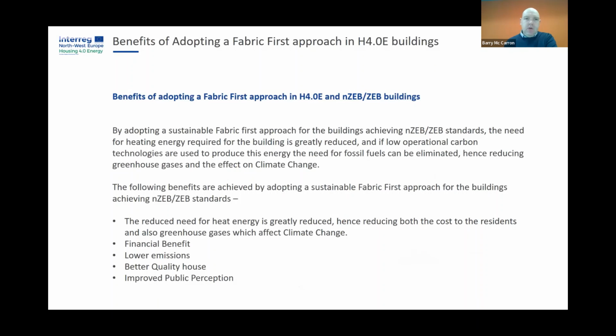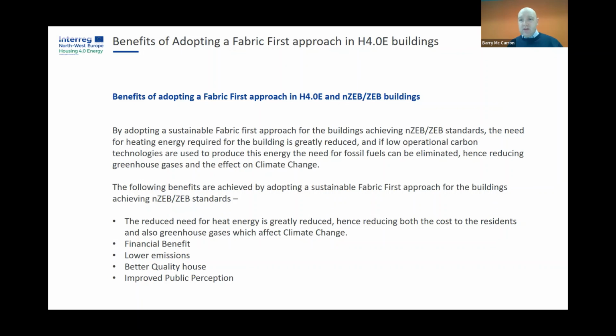And again, I think we're sort of rounding out here, and I've said some of these things throughout the presentation, but you can pick them up in the slides. The real approach, and the one that's sure to deliver, is if you go with this fabric first approach to building, the energy efficiency being the first renewable. You can always bolt on the PV panels. We can always go with the heat pump.